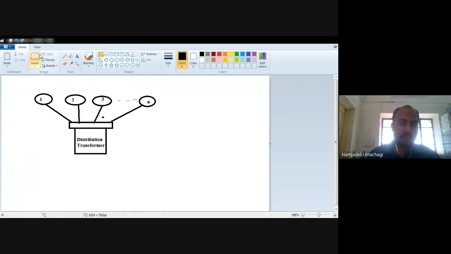And once again, this distribution transformer gets its power supply from some substation. From the substation, to convert the voltage to some safe level, we are using a distribution transformer. And from that distribution transformer, for domestic purpose, single-phase AC supply goes to house number 1, 2, 3, and so on up to house number n.